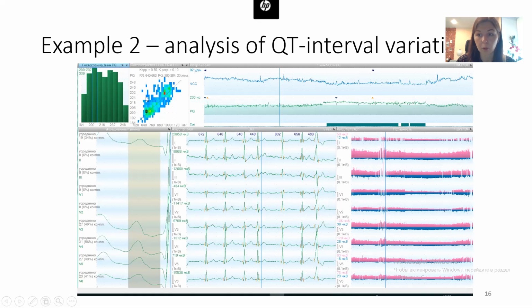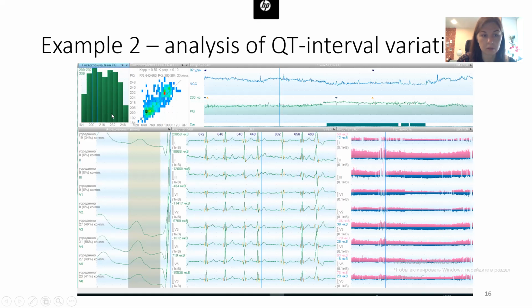Here we have a scatter plot, but you see that it's actually a heat map. We may also analyze the distribution of the RR interval and PQ interval. We see a correlation value of 0.85 and a range of our values.